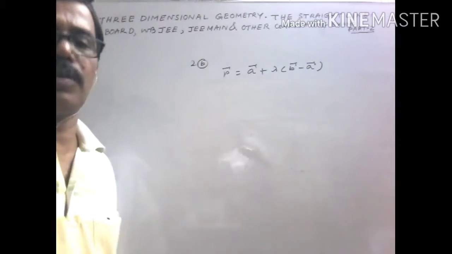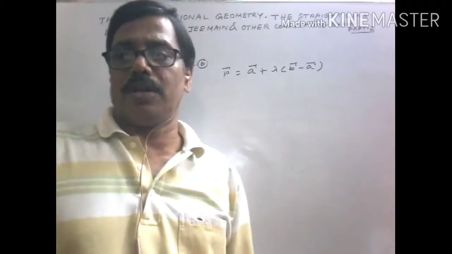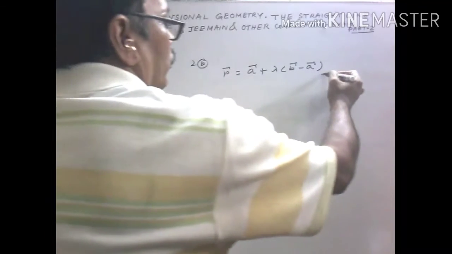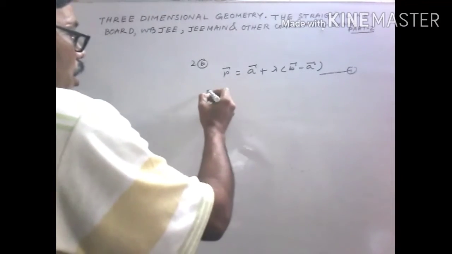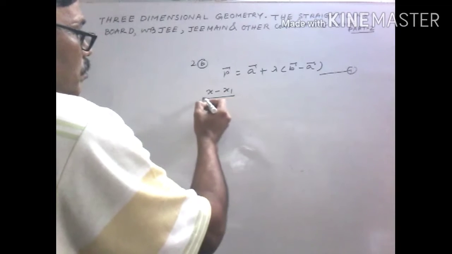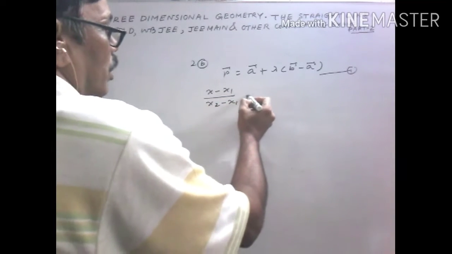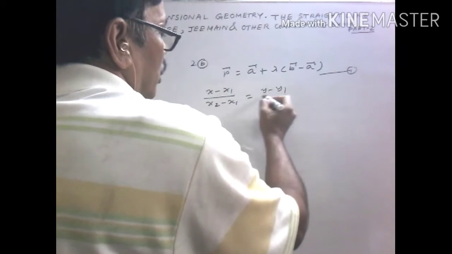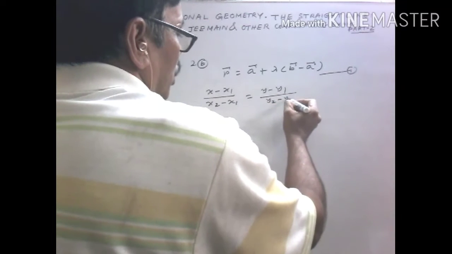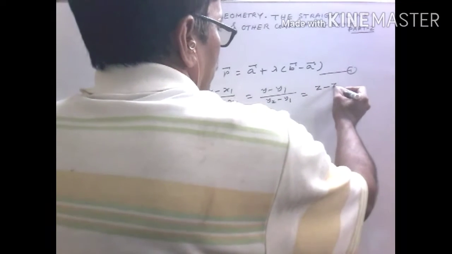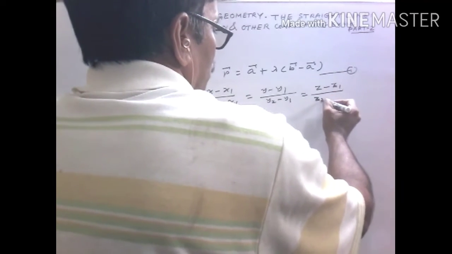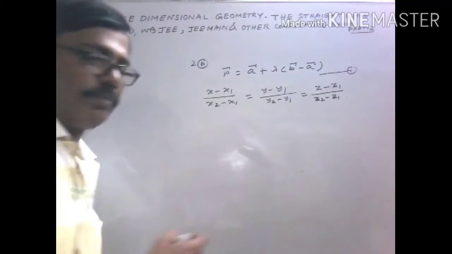This is vector equation of line passing through a vector and b vector. So Cartesian form, (x minus x1) by (x2 minus x1), (y minus y1) by (y2 minus y1), (z minus z1) by (z2 minus z1).